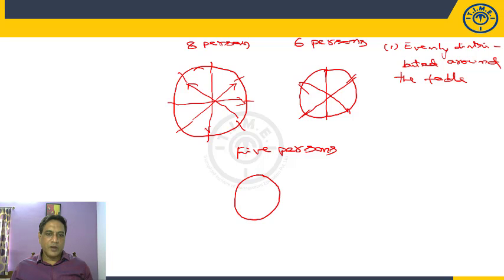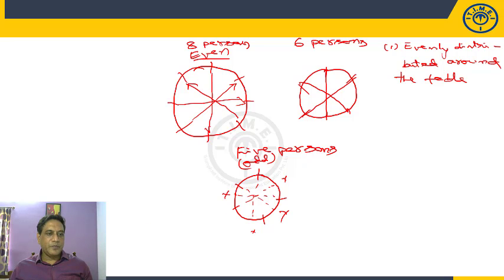If there are 5 persons, we take it this way: 1 here at equal distances, 2 here, 3 here, 4 here, 5 here, like this. There will be no one opposite this person, there will be no one opposite this person, there will be no one opposite this person, there will be no one opposite this person. When there are even number of persons, every person would be exactly opposite another person. When there are odd number of persons, the situation of opposite does not arise.